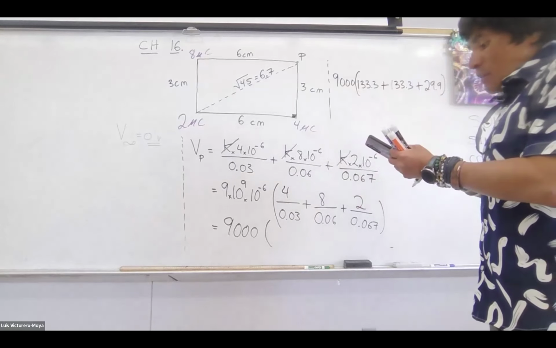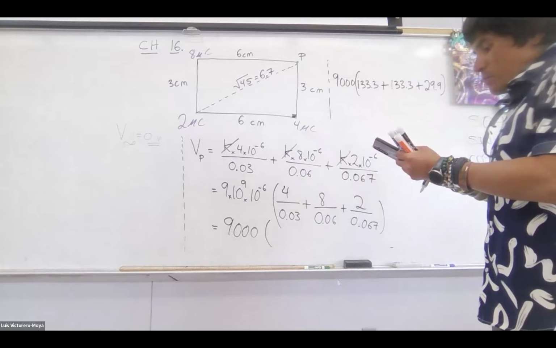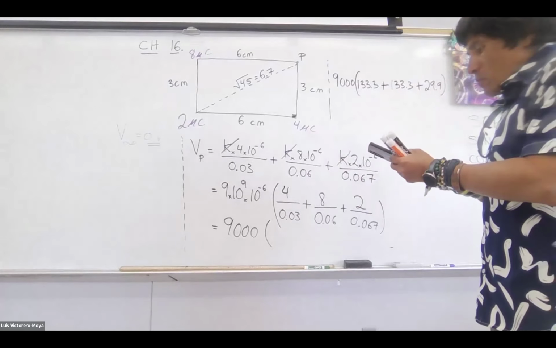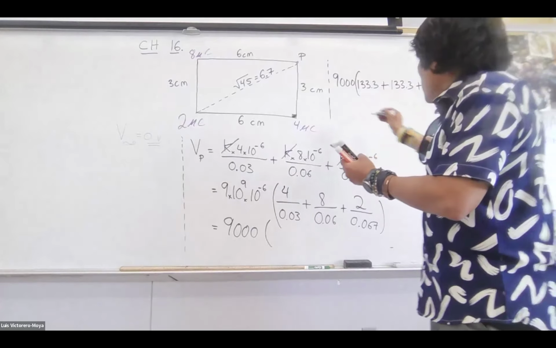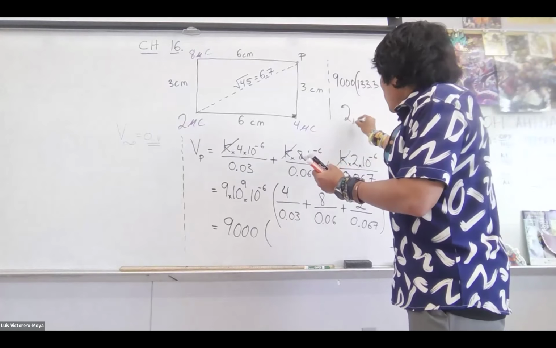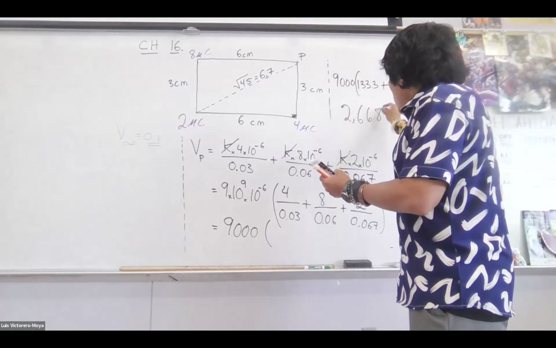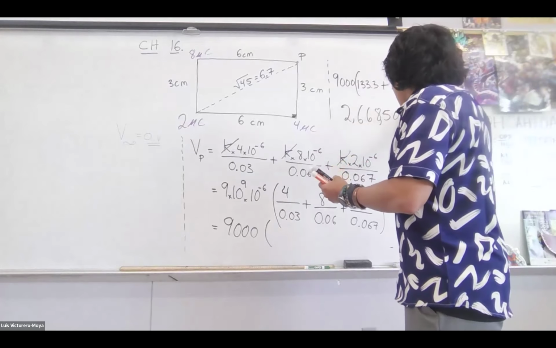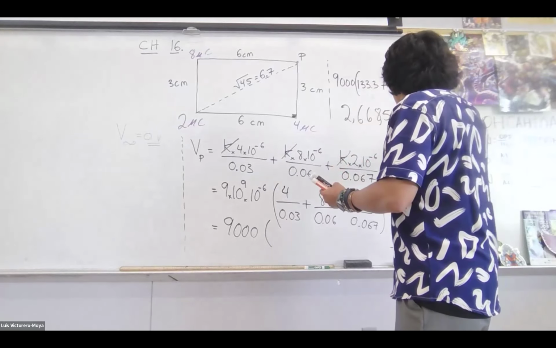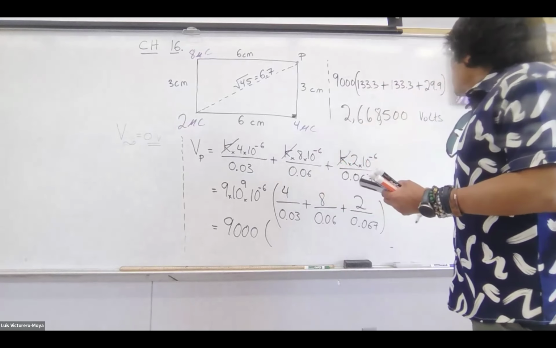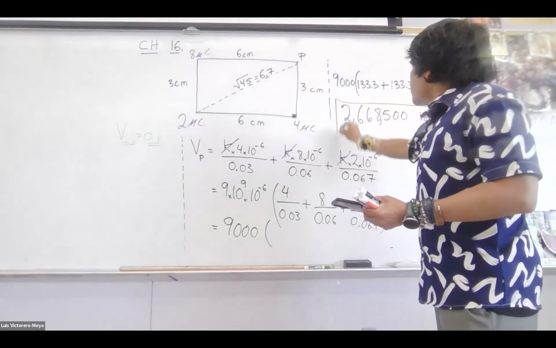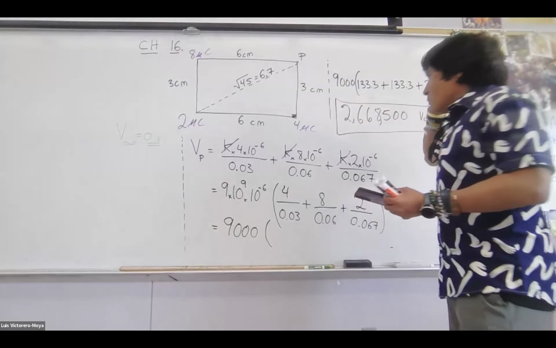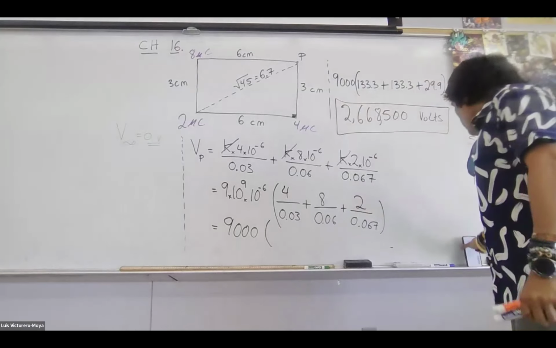So I'm going to get a large number. That's fine. So I get 2,668,500 volts. Yeah, you want to leave it like that, trying to keep the most amount of figures there.